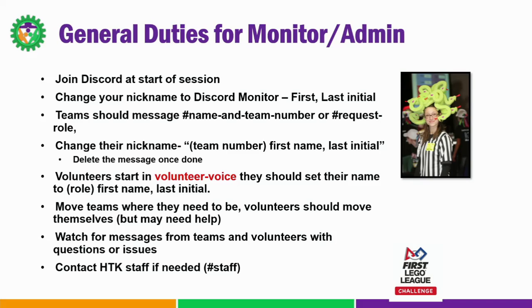And again, for a team, it's team number, and then first name, last initial. And then once you're done, they'll send messages to a couple of different text streams, and once you're done with those, delete them. Otherwise, you might lose one that comes later because it will be all the way down at the bottom, and there'll be a lot to scroll through. So we're asking that you delete those once you're done.